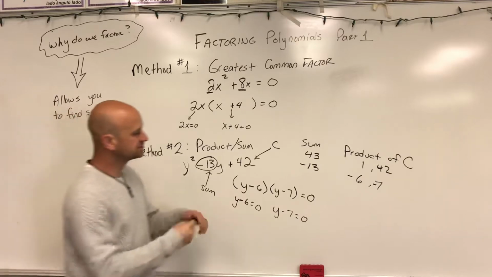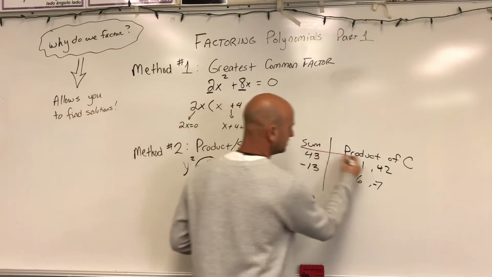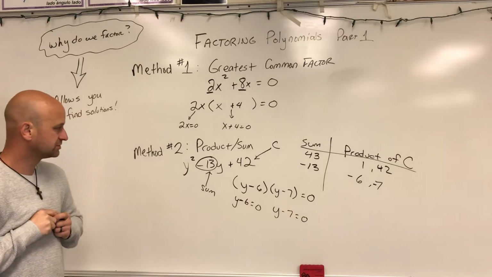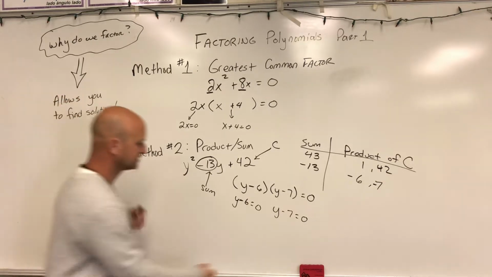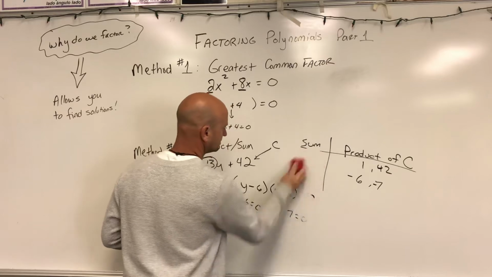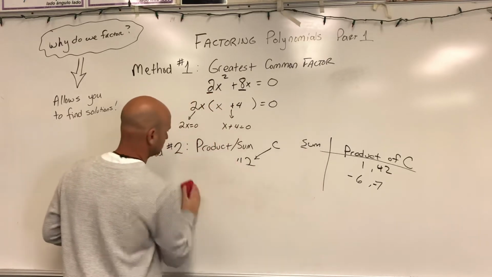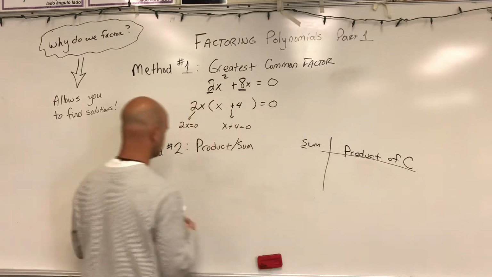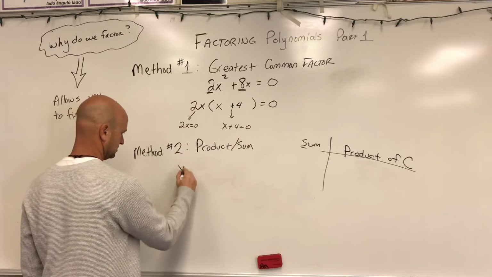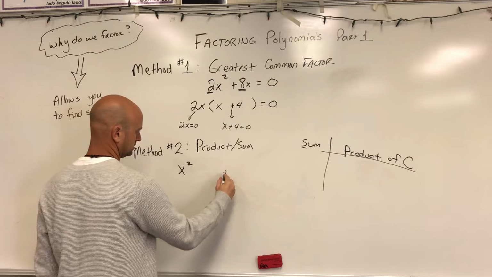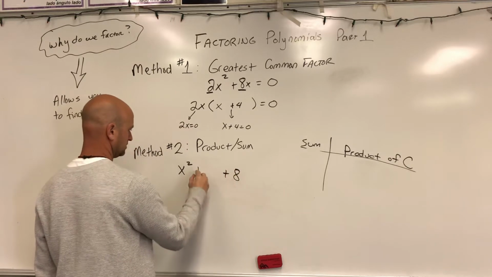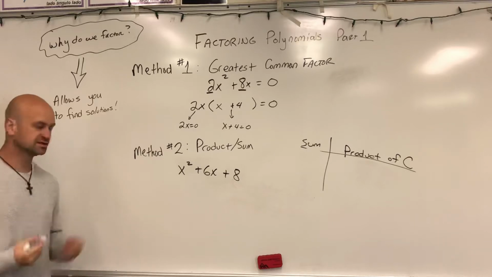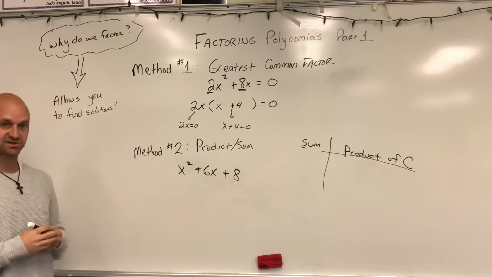All right, so for this particular case, what I'd recommend you do is to create a table in order to solve it. So again, let's try another example here. Okay, so if we have something like this, we have x squared plus 6x plus 8.